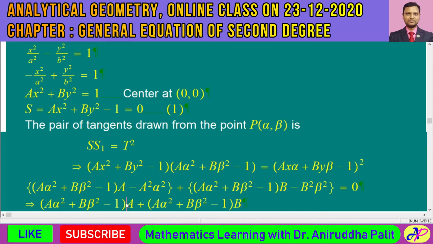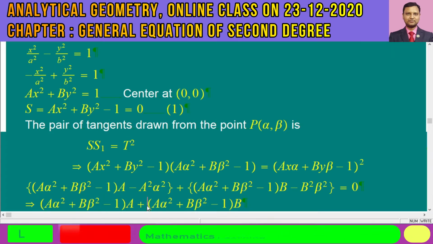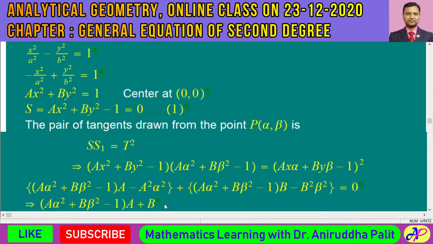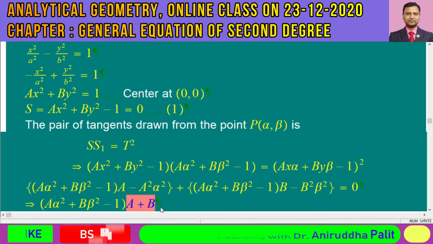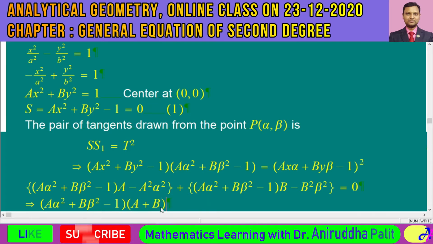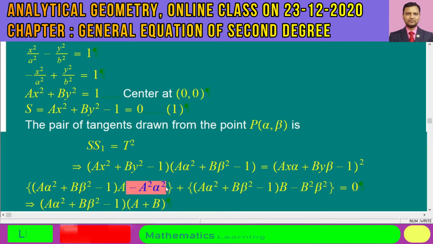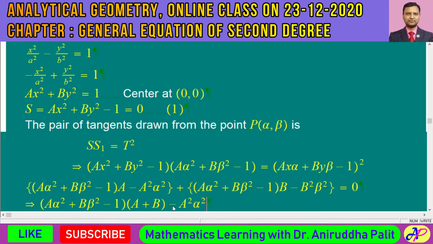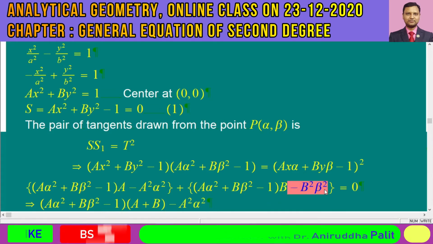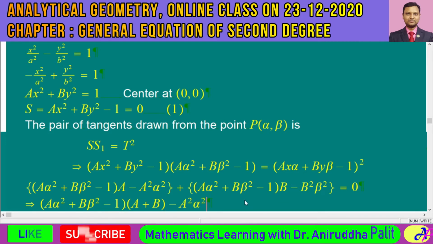After taking this expression common, inside the bracket we shall have a plus b, along with this expression minus this, is equal to 0.